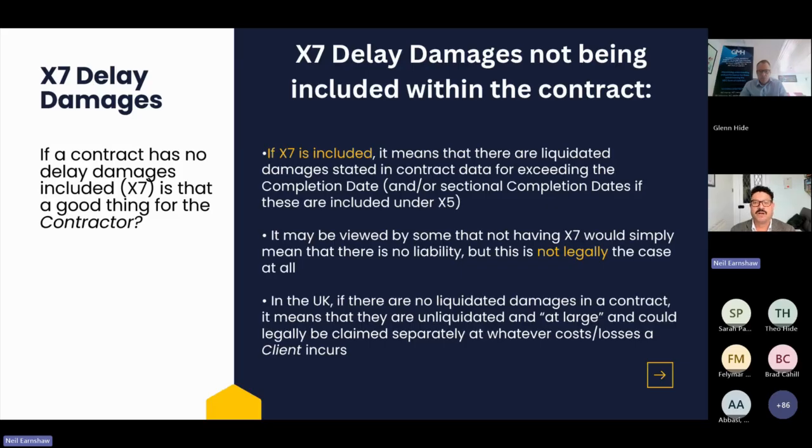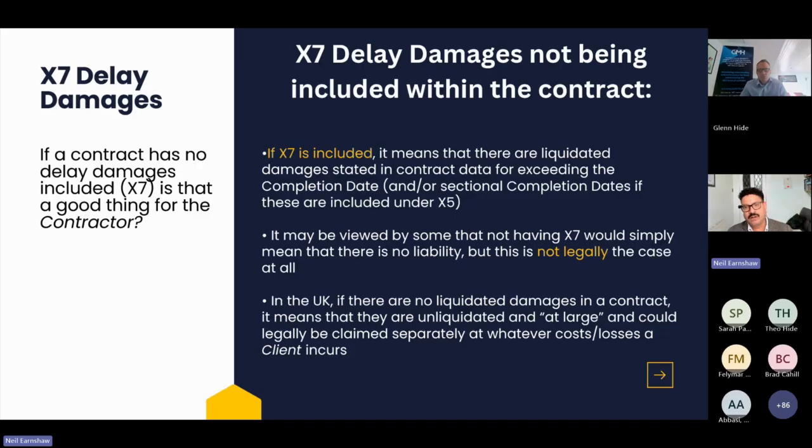From a client's point of view, it's much more difficult to recover that loss because there's no contractual mechanism to do it. It would have to be done in an extra-contractual way, and ultimately through a form of dispute resolution if that wasn't effective. So, not having damages in a contract, having it open-ended, is a particular risk for contractors.